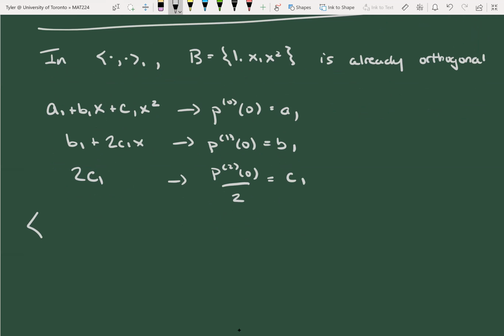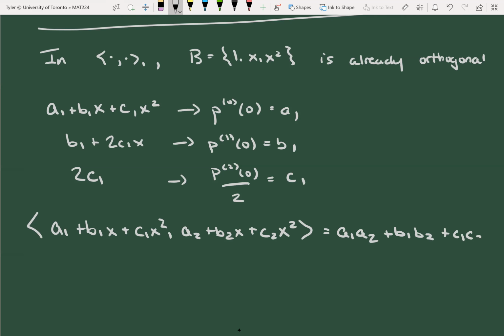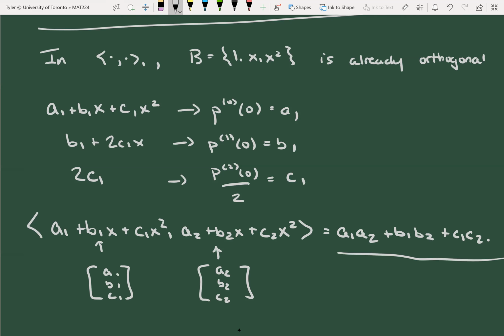So if you compute the inner product of A1 plus B1x plus C1x squared with A2 plus B2x plus C2x squared, this is A1A2 plus B1B2 plus C1C2. Aaron, I think you must have seen this. If you think of the first as A1, B1, C1 and the second as A2, B2, C2, then this is the Euclidean inner product.